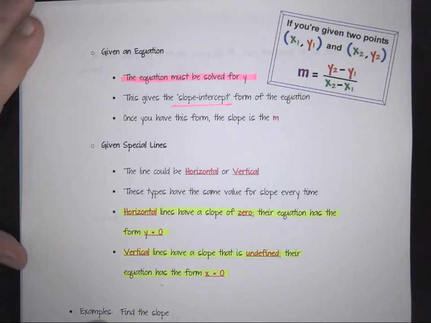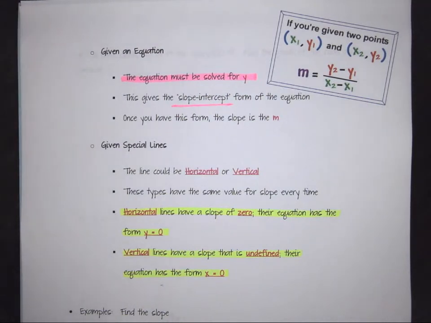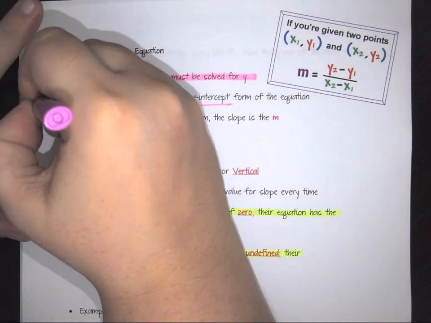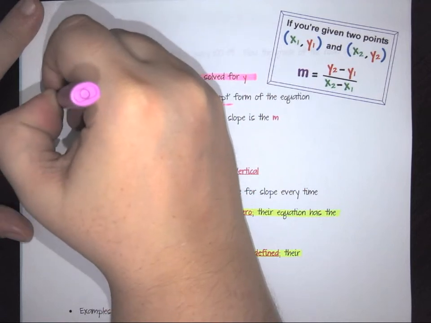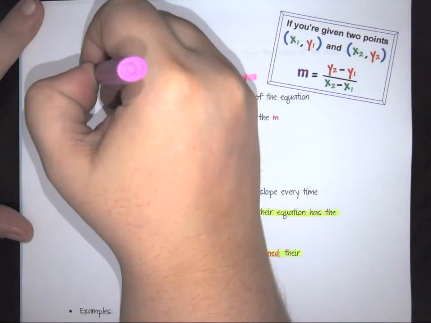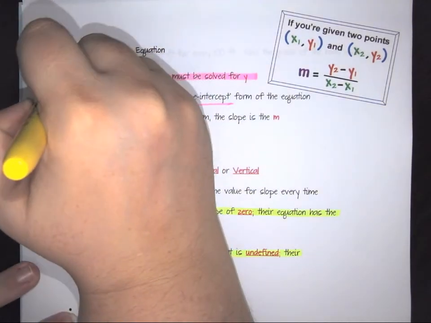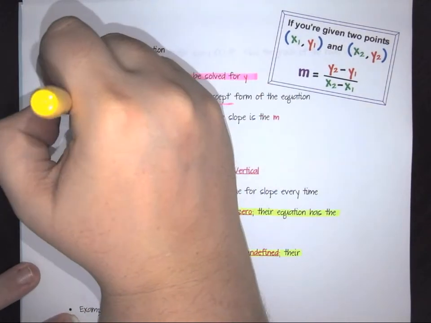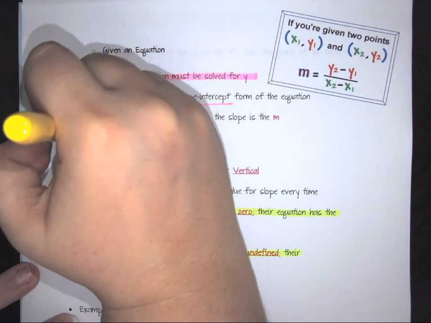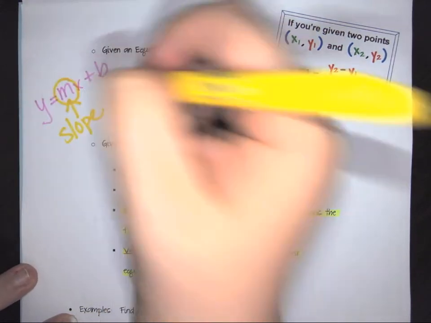Slope-intercept form is the form that states y equals mx plus b. And in this form, what's so important about it is that the m part, so this right here, is your slope.